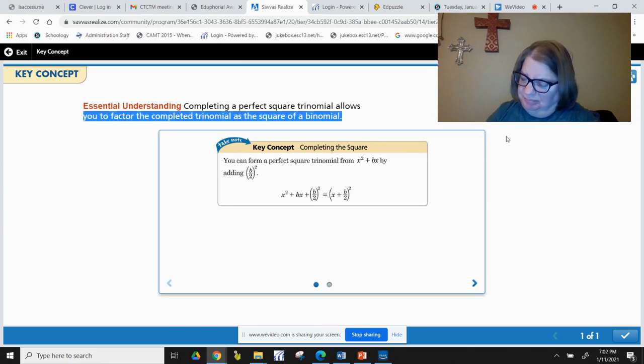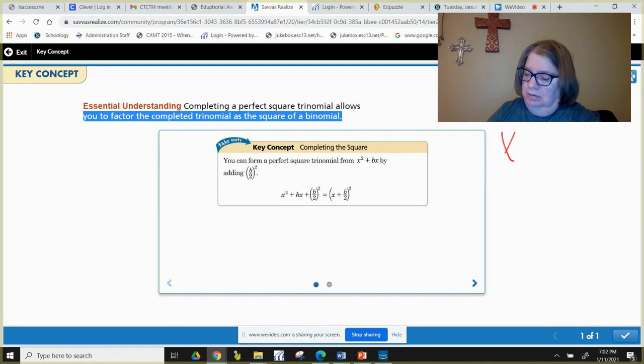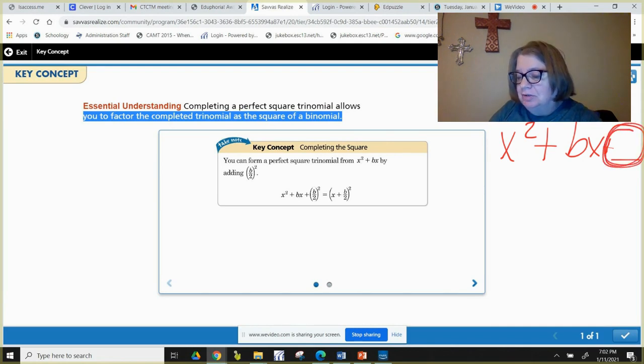So if you have x squared plus bx, a perfect square trinomial is going to have some other number over here, right? You remember we said that we took the square root of this number and we multiplied it by 2 to get this number? So the opposite of that is if we have that one, then we're going to divide by 2 and then square it.